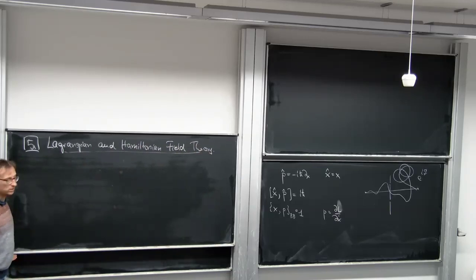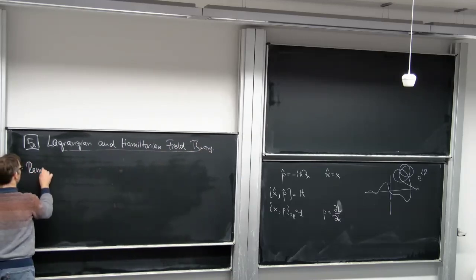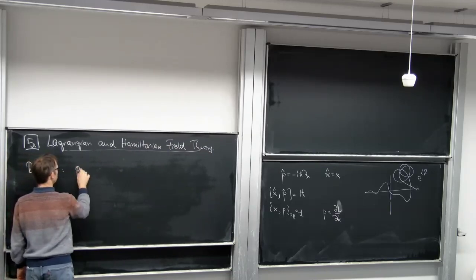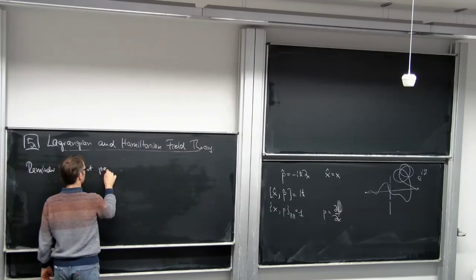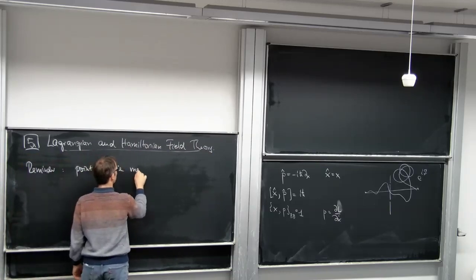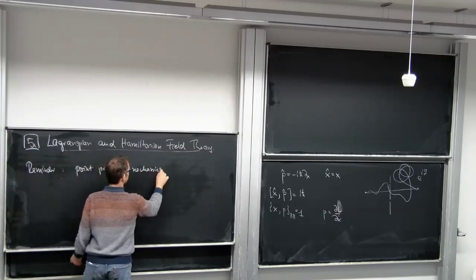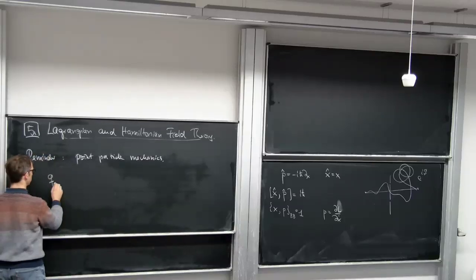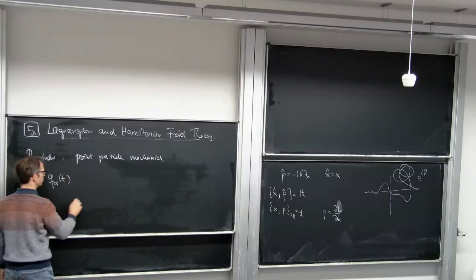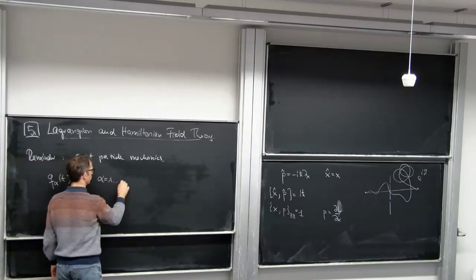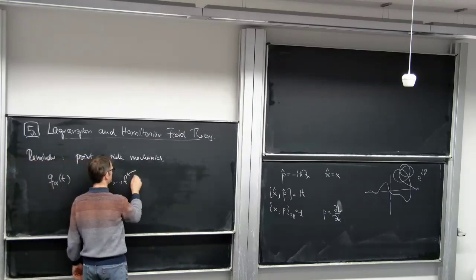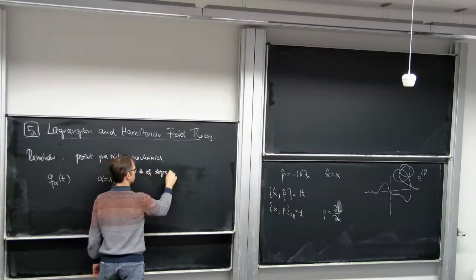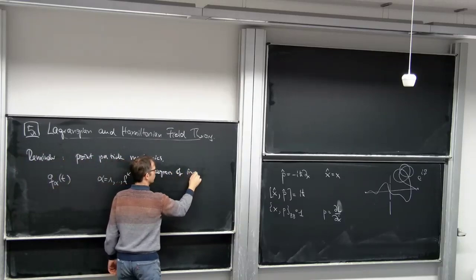And with a reminder, point particle mechanics. So you have Qs instead of 5s, and you can have many of them. They're functions of t, and alpha goes from 1 to f, and f is the number of degrees of freedom.